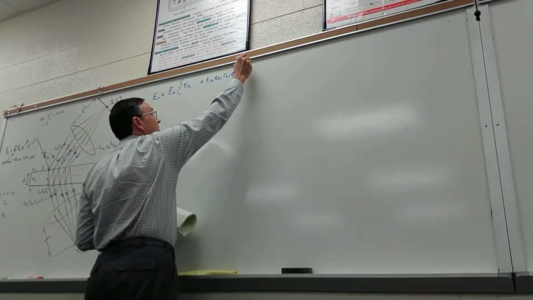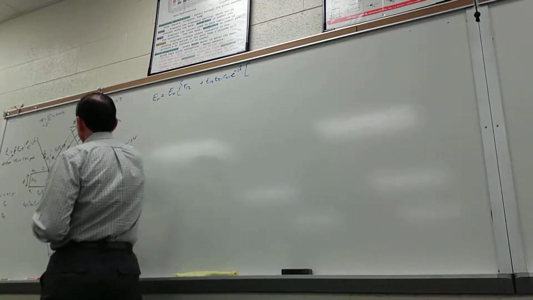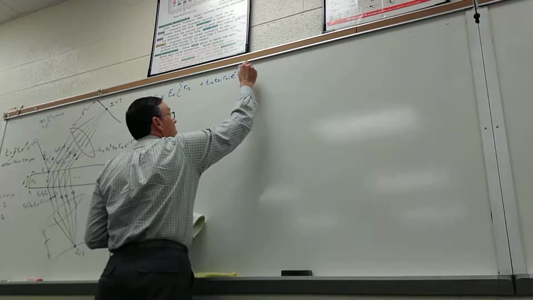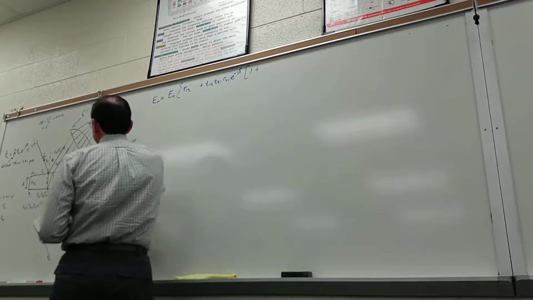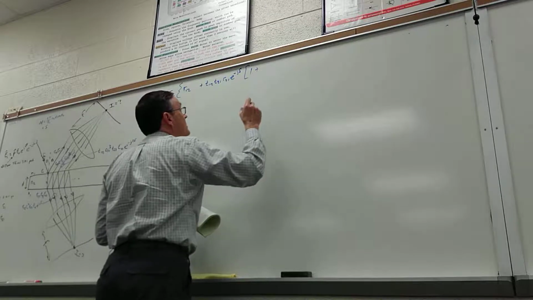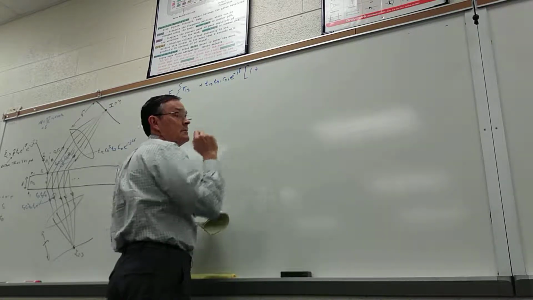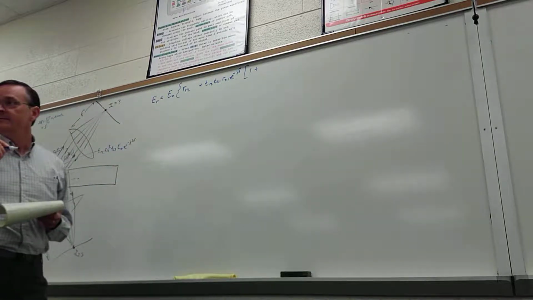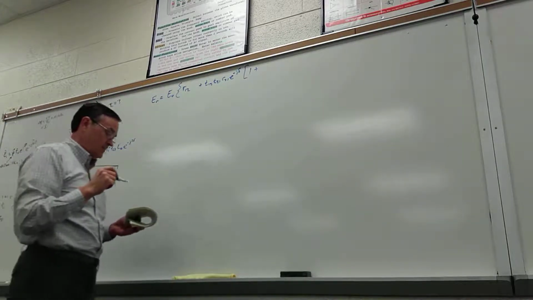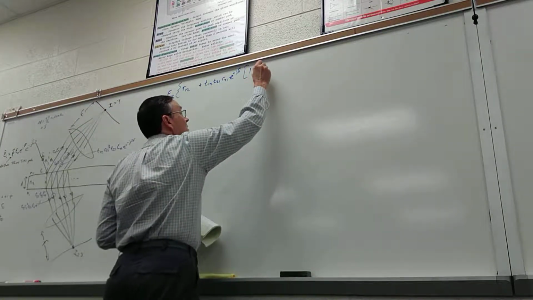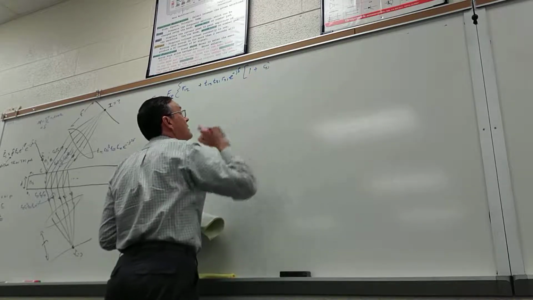And then from here, that'll be a 1 plus, for the next one, R21 squared, e to the minus j delta.